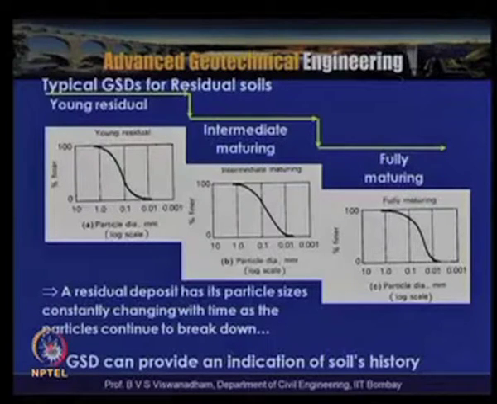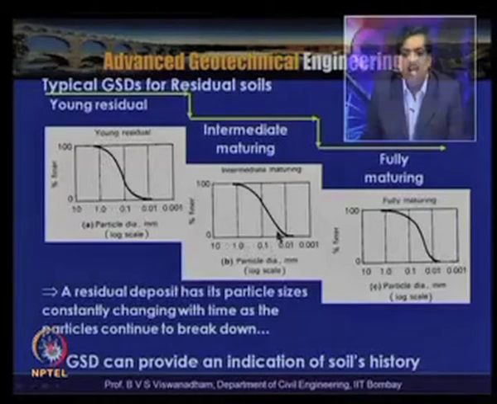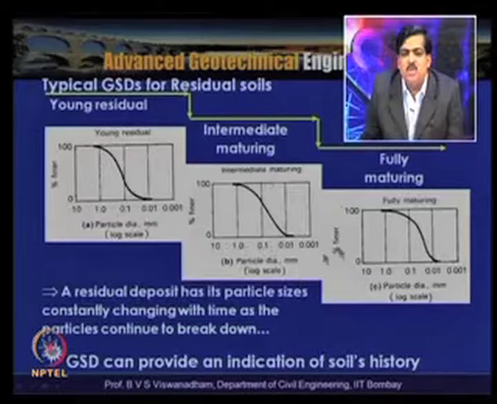We can also see that grain size distribution curves can give the soil's history. In this slide, three different particle size distribution curves are shown: one for a young residual soil deposit, one for an intermediate maturing soil deposit, and one for a fully maturing soil deposit.